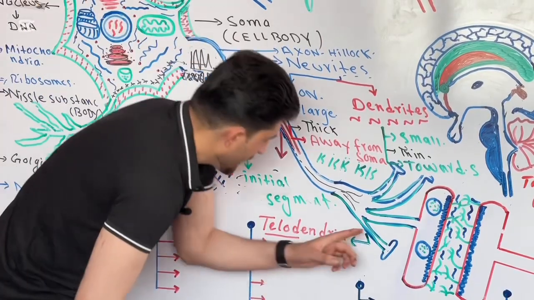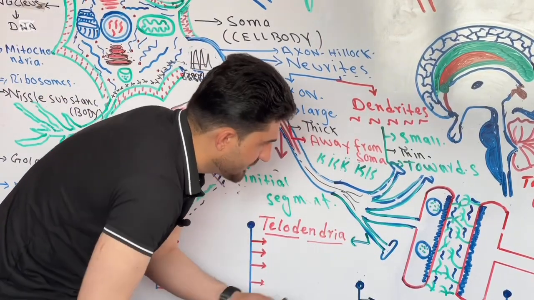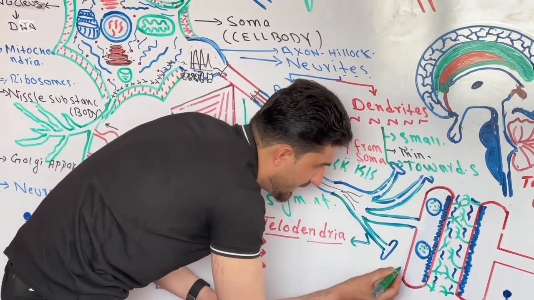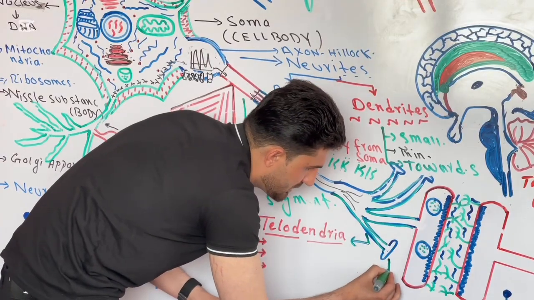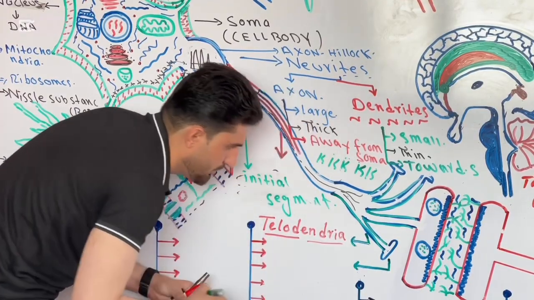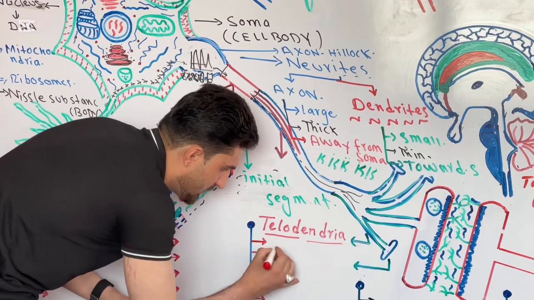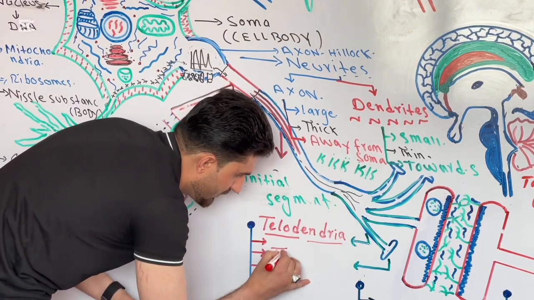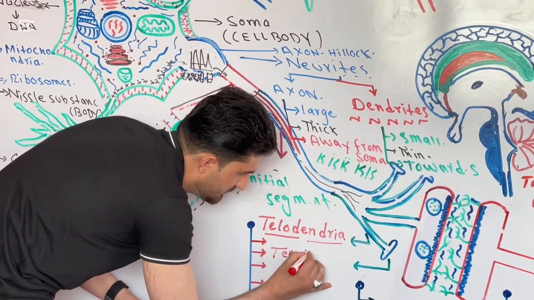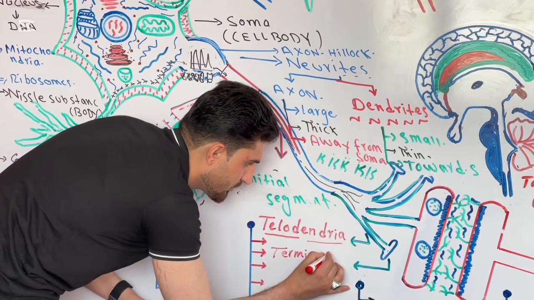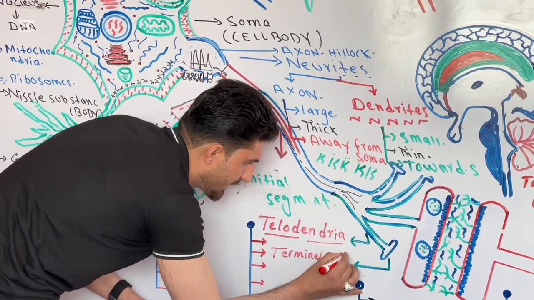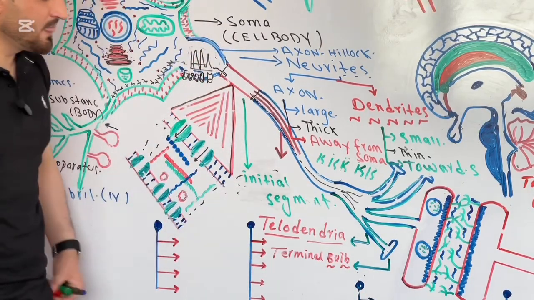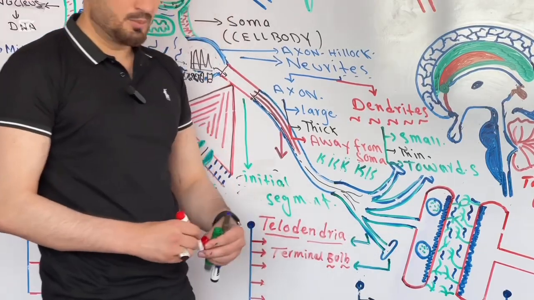At the end of each telodendria, we have a small bulb, and this bulb is called the axonal bulb, terminal bulb, or terminal button. What is the function of the axonal bulb?